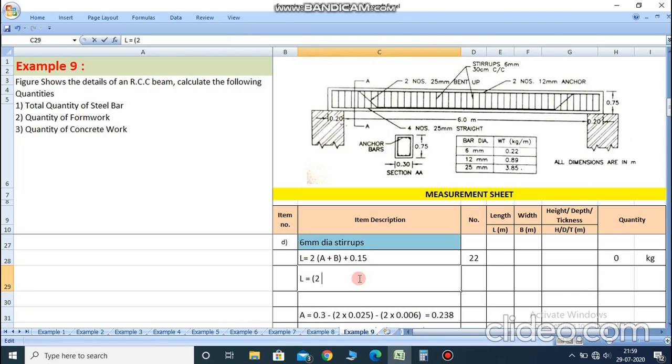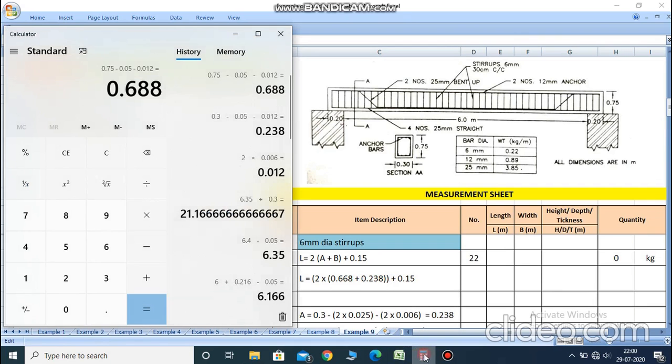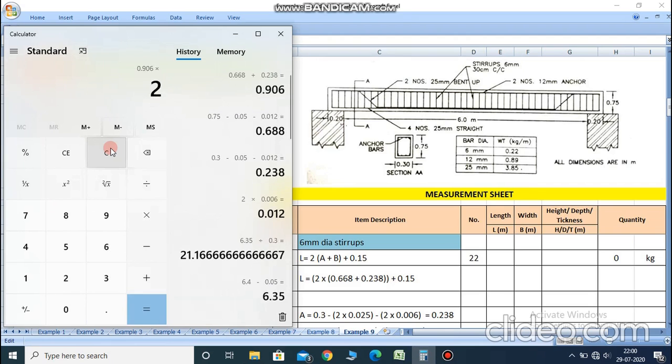So 2 multiplied by, in the bracket, 0.688 plus 0.238, plus 0.15. Now we calculate 0.688 plus 0.238, multiplied by 2, plus 0.15.